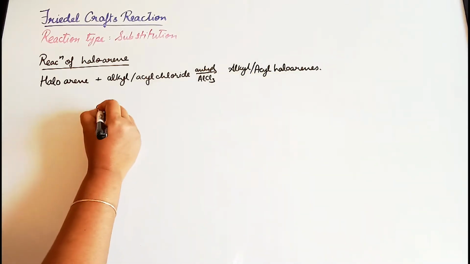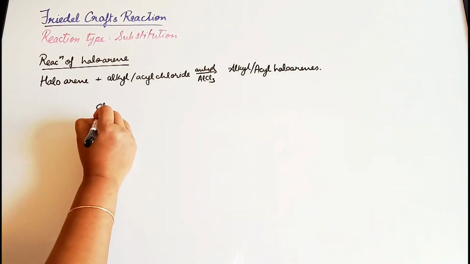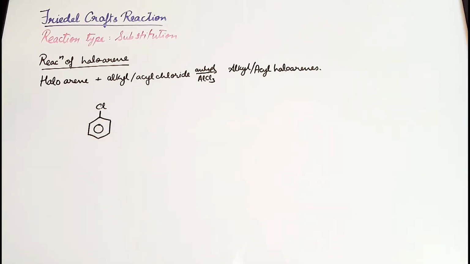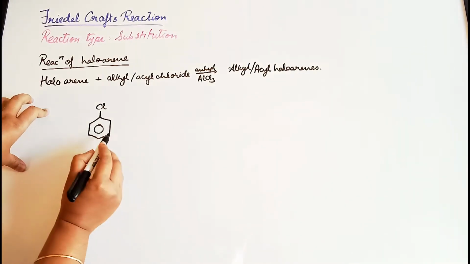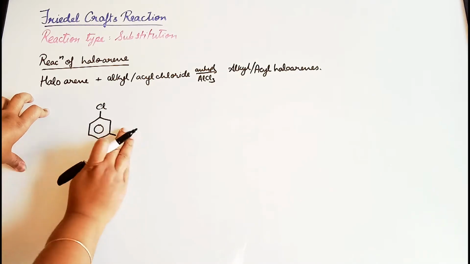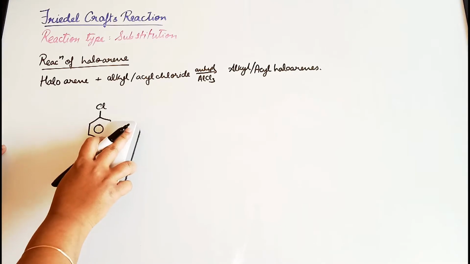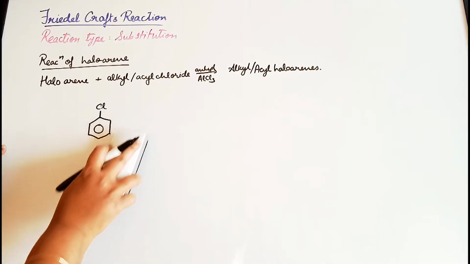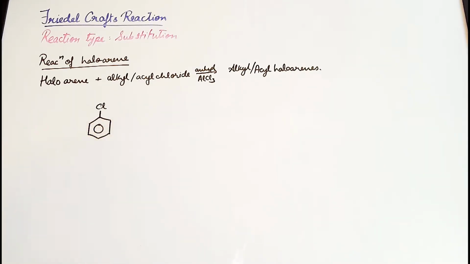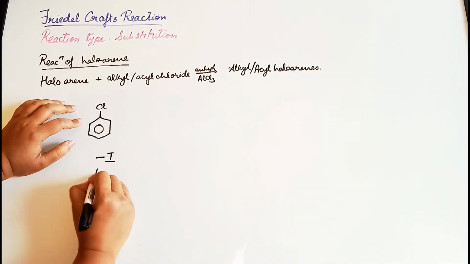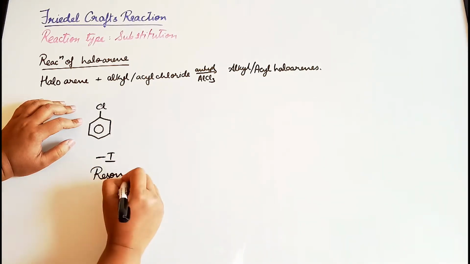First of all, let's take chlorine for example, chlorobenzene. This is the haloarene. Chlorine is supposed to be electron withdrawing in nature, so the meta position is what should get activated. But it also possesses a lone pair of electrons, so it shows both a -I effect as well as a resonance effect.